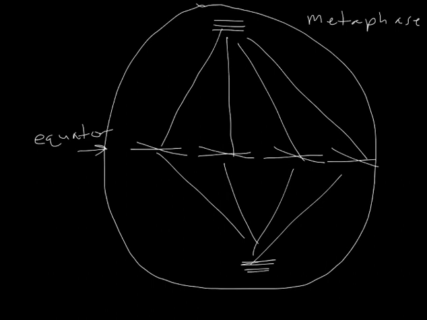And those spindle fibers are connected to those sister chromatids at the center of the chromosome, known as the centromere. The next stage begins as these spindle fibers pull those copied chromosomes apart from one another and break that centromere that connects them. And then we transition to the next stage we call anaphase.